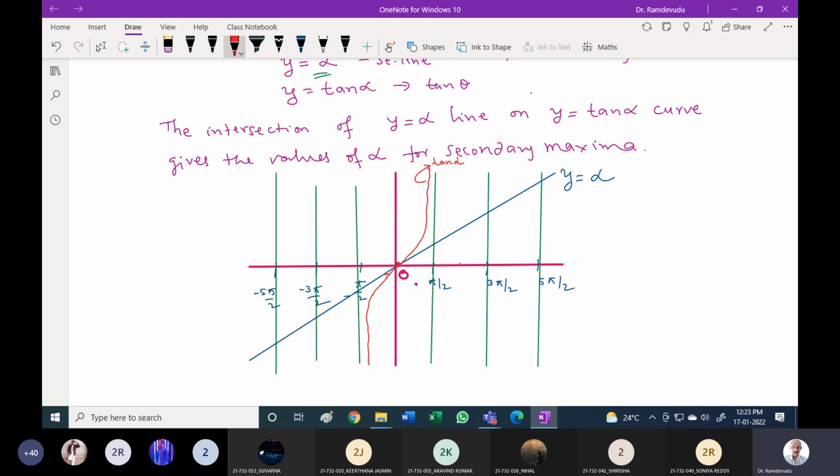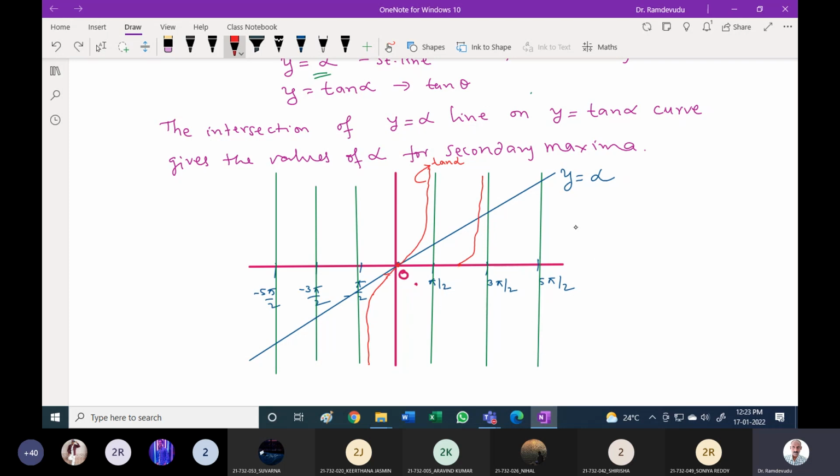Next, if I go here somewhere, again tan is equal to 0, but if I start drawing the curves at 3π/2, tan becomes again infinity. So the curve starts here, goes slowly, and becomes infinity here. Similarly, on the negative side also it goes to infinity.